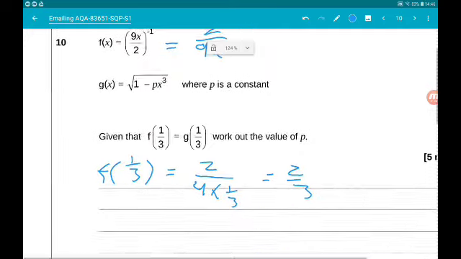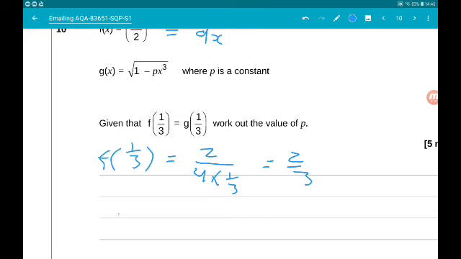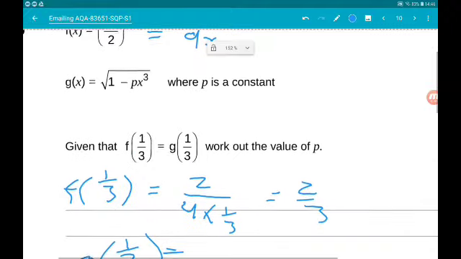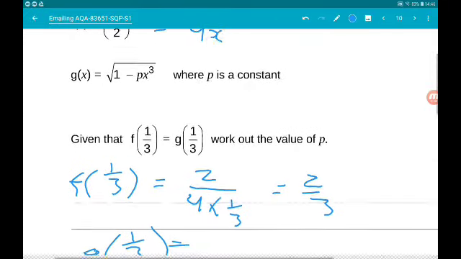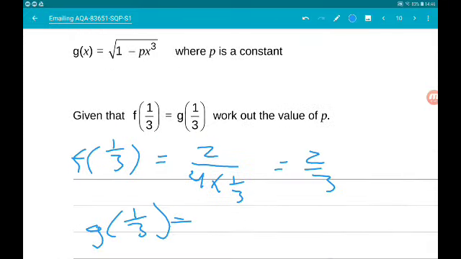Now, g of 1/3 is going to be the square root of 1 minus p times 1/3 cubed.